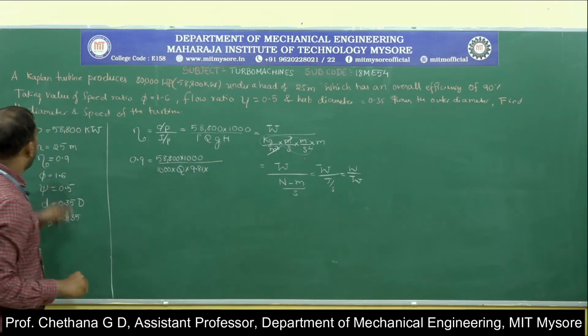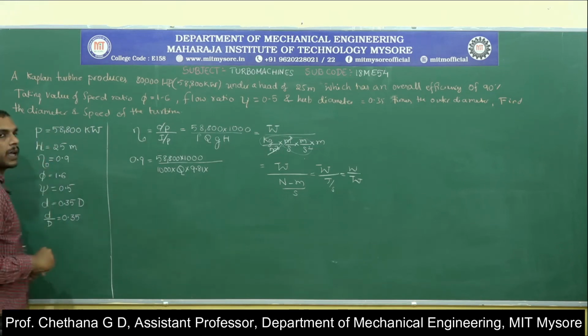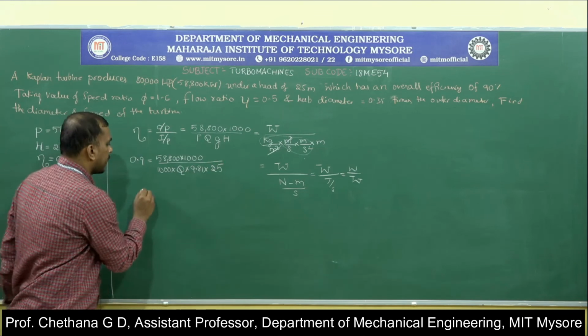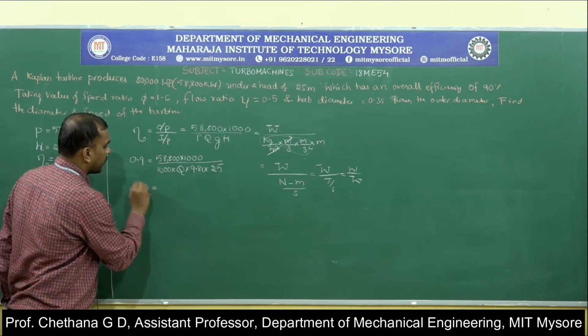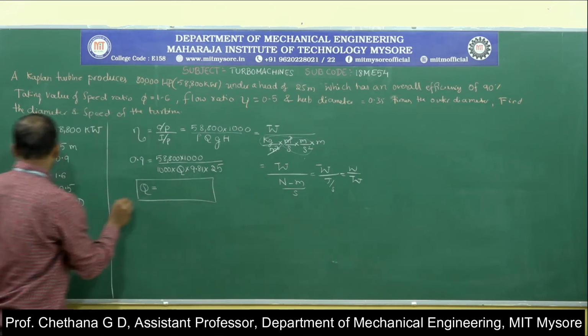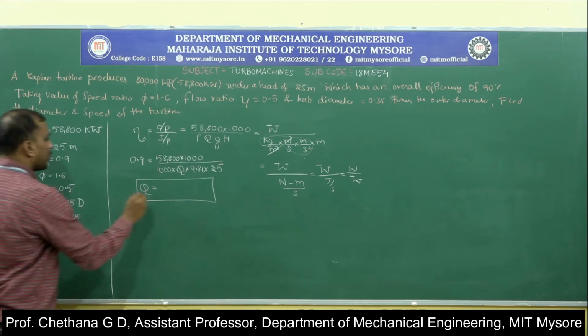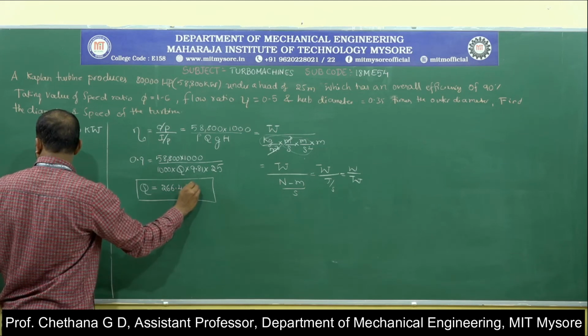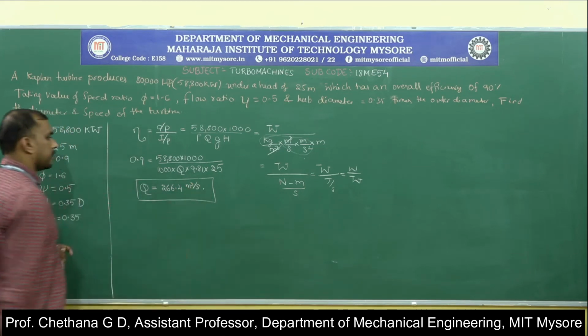Then head, the water available, which you can denote by capital H, 25 meter. Now we can calculate the value of Q, which comes out to be 266.4 meter cube per second.